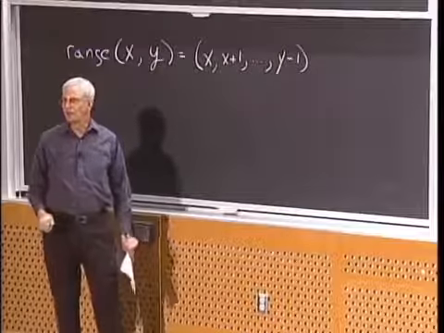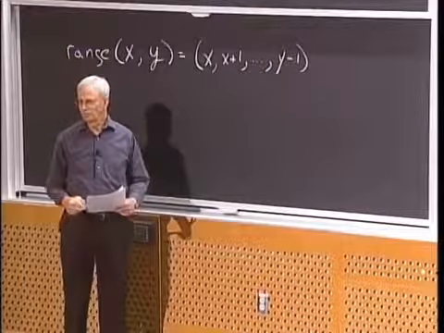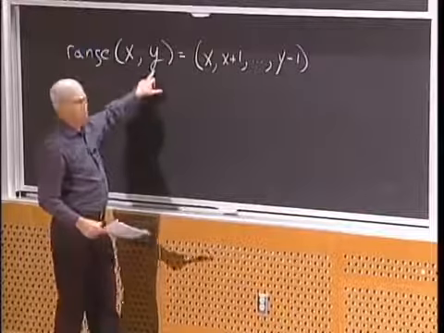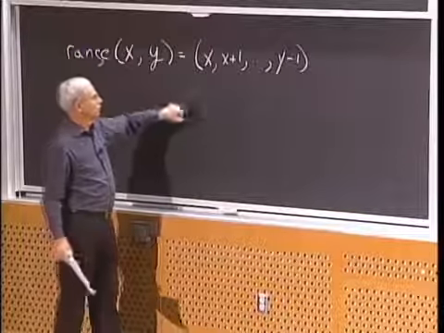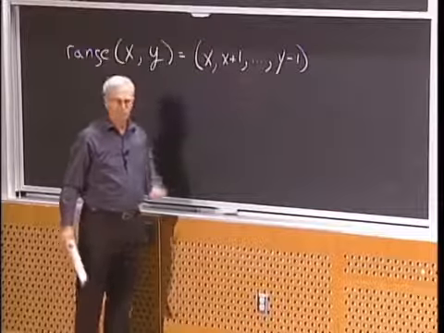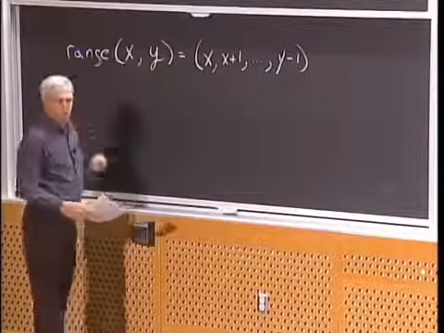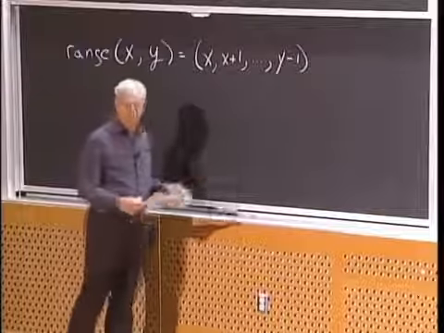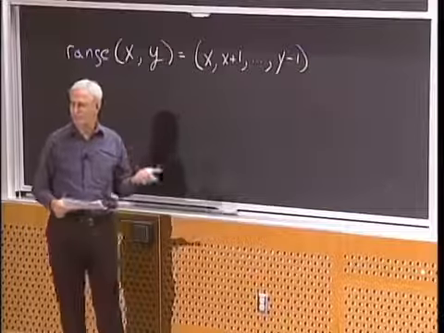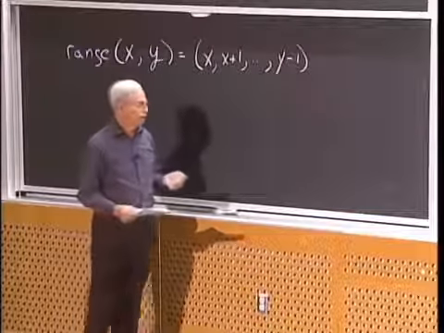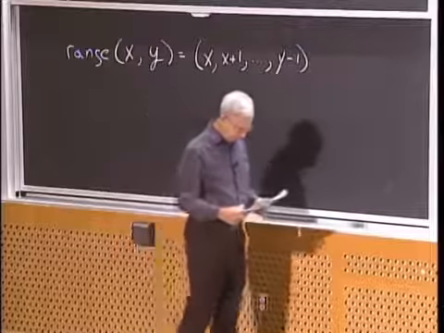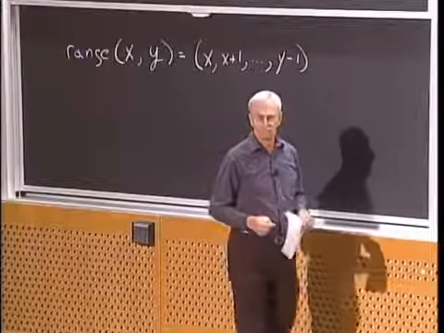Notice not up to y, but up to y minus 1. So it gives me a sequence of length y, assuming the start is 0. It doesn't have to be 0. It can be another value as well. It's 0 in my example.